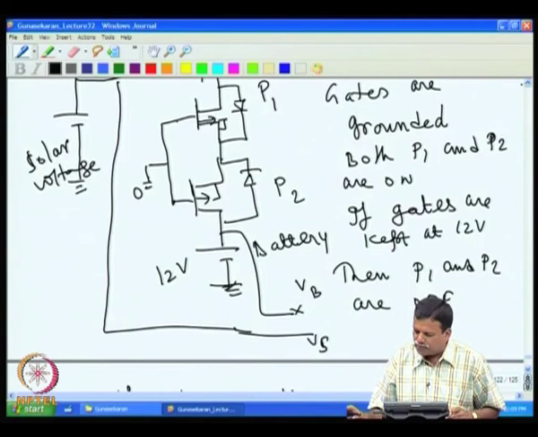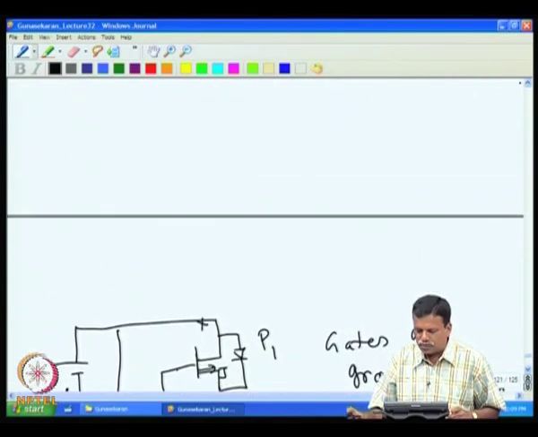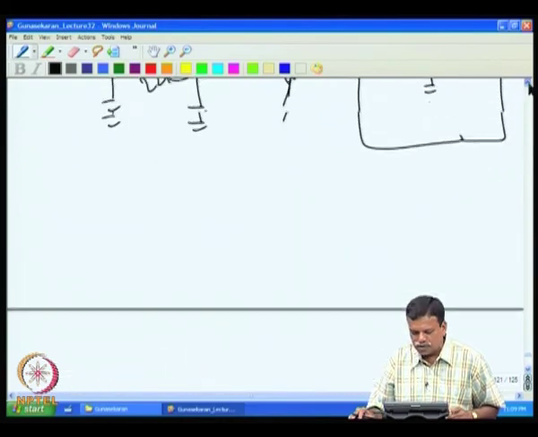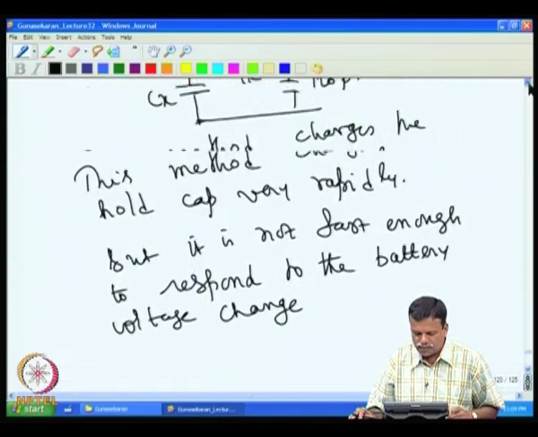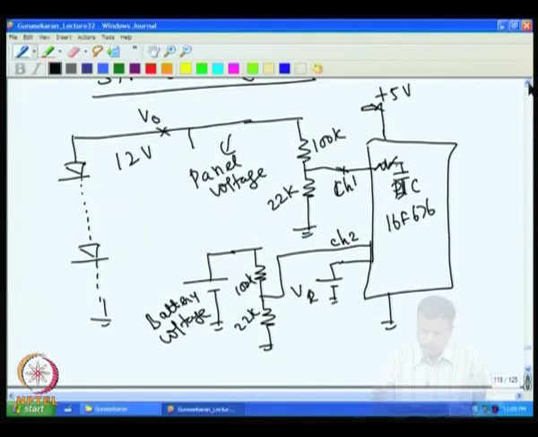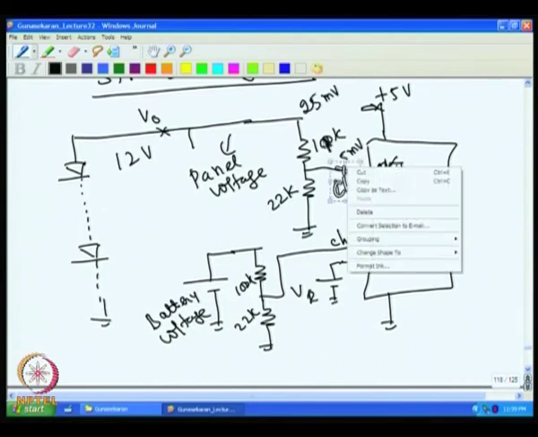But we have fed the voltage to the microcontroller through a divider arrangement of 100K and 22K, so the resolution at the panel is about a factor of 5 higher, roughly 25 millivolt.